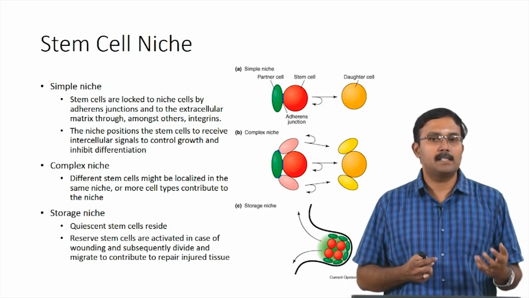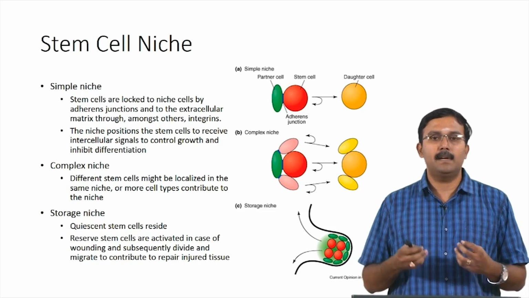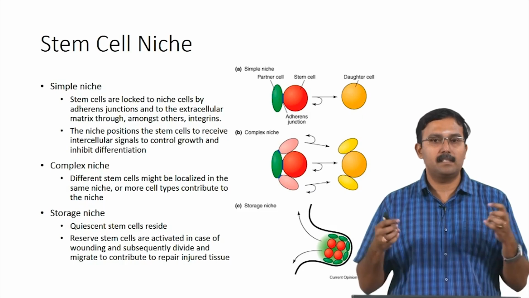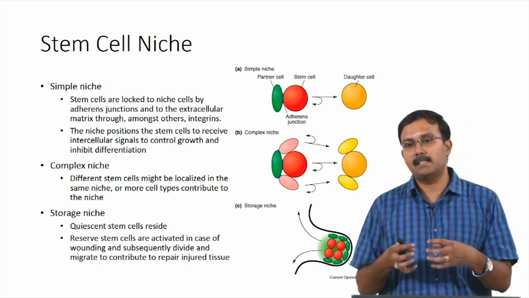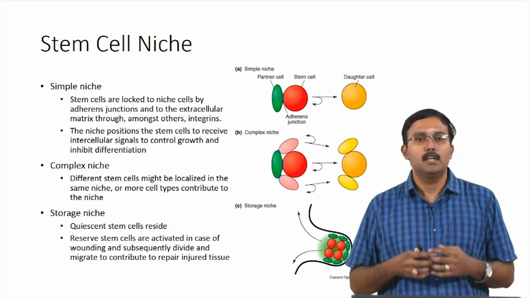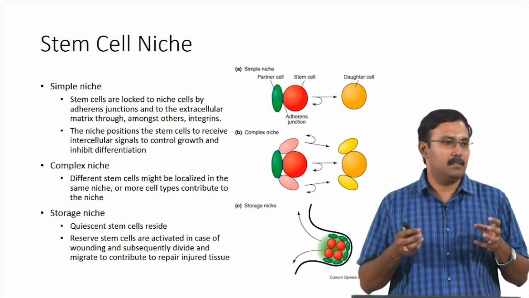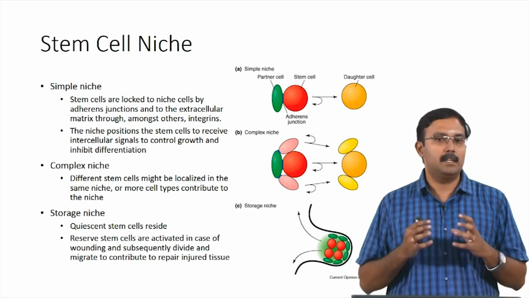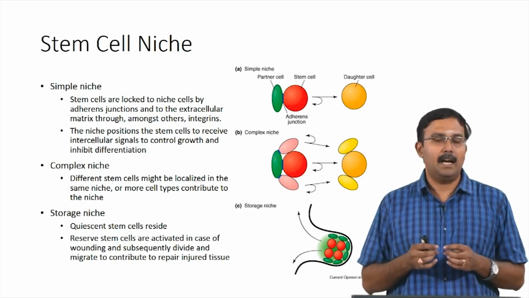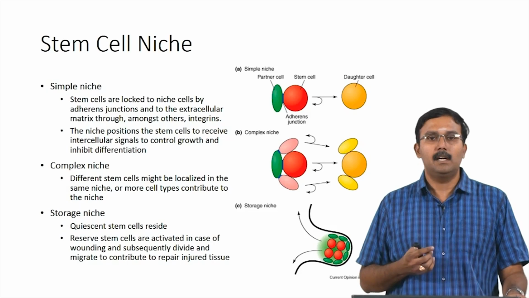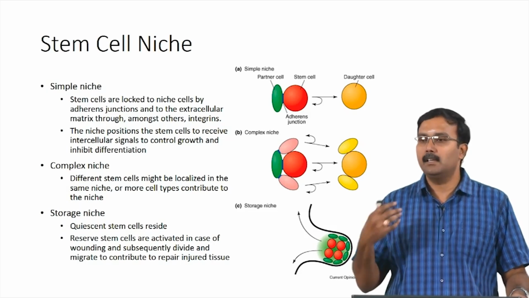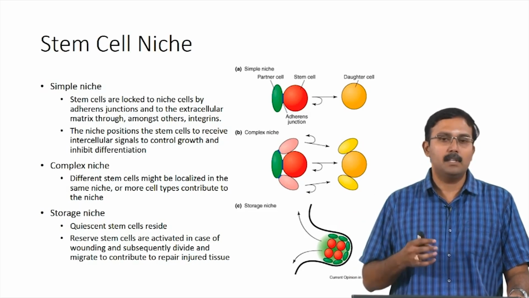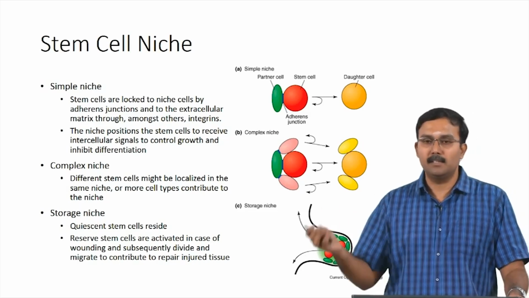In a complex niche, different stem cells might be localized in the same niche, and more cell types can contribute to the niche instead of just one single cell type. The storage niche is where the cells are just stored and are quiescent. These act as the reserve of stem cells and they are activated only during injury or some kind of damage to the tissues, so that these cells can go and repair the injured tissue.